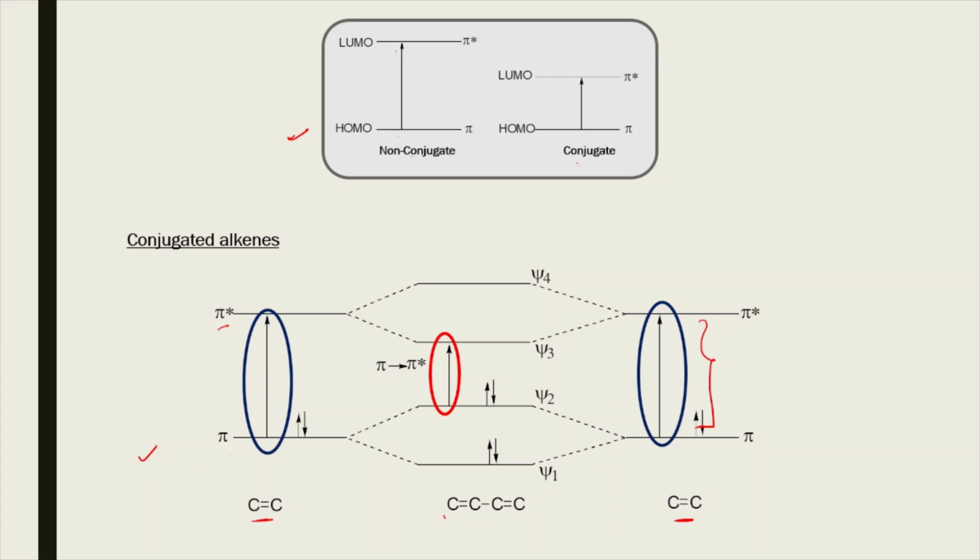But when the system became conjugated, they got divided into psi 1, psi 2, psi 3, psi 4, and now these are the new HOMO and LUMO. Now only this much amount of energy is required. So when conjugation is introduced, the lambda value increases because the energy required is less, and energy is inversely proportional to the lambda value.